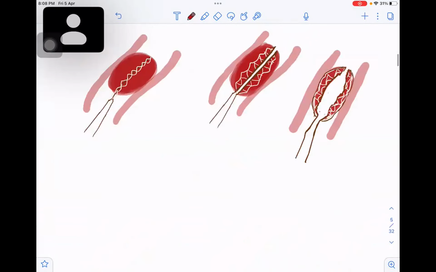How it works is that you pass a device containing the stent through the femoral vessels. It reaches the vessel that is occluded. Initially the stent is in a closed format, as you can see in this image, the stent is very small. It has not opened up. Then you insert this stent into the thrombus.